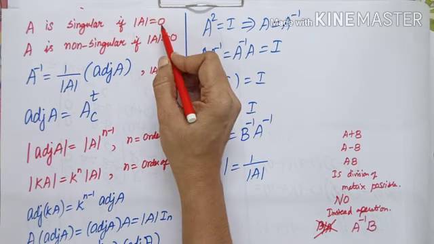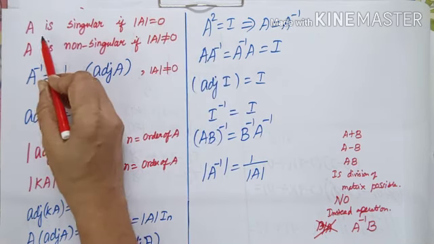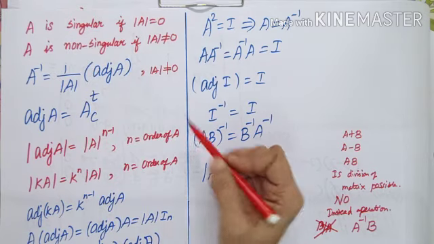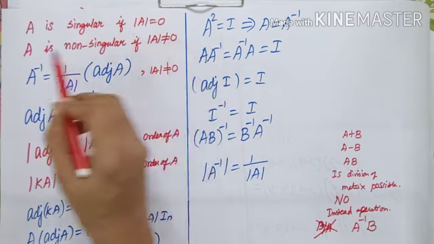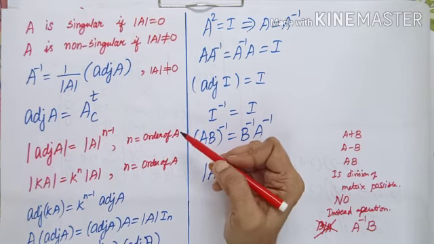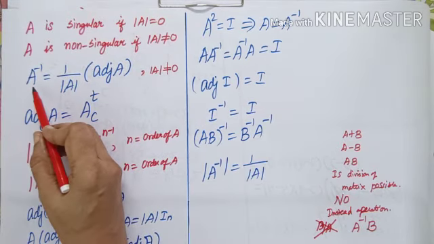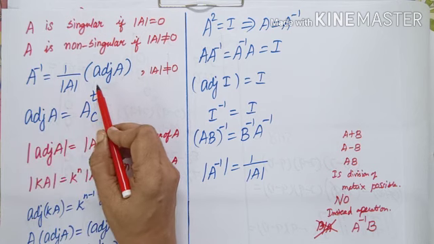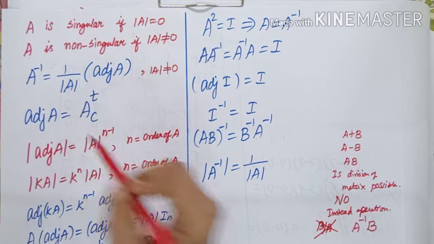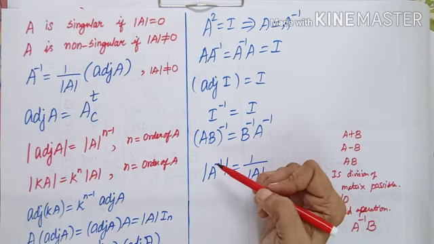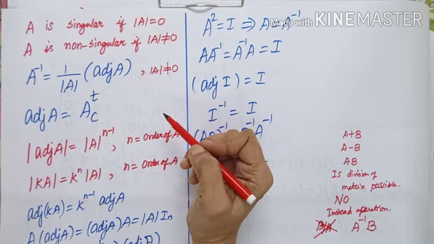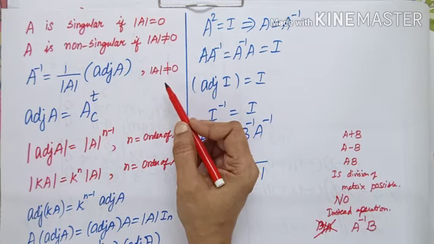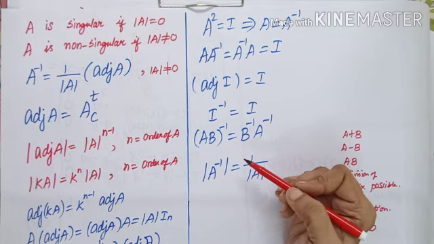Determinant A equal to 0 implies the matrix is singular. Determinant A not equal to 0 implies the matrix is non-singular. So inverse exists only for non-singular matrices. That is, determinant A should not be equal to 0 and then I can find A inverse.